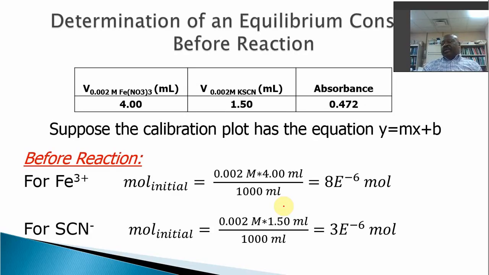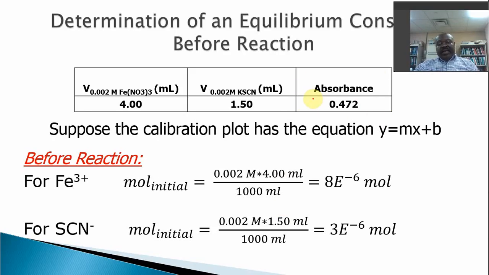Well, consider this particular situation, and you're actually going to do this in the lab itself. 4.00 milliliters of 0.002 molar iron 3 plus. Add to that 1.50 milliliters of 0.002 molar potassium thiocyanate in a cuvette. Measure the absorbance. Comes out with this number here.